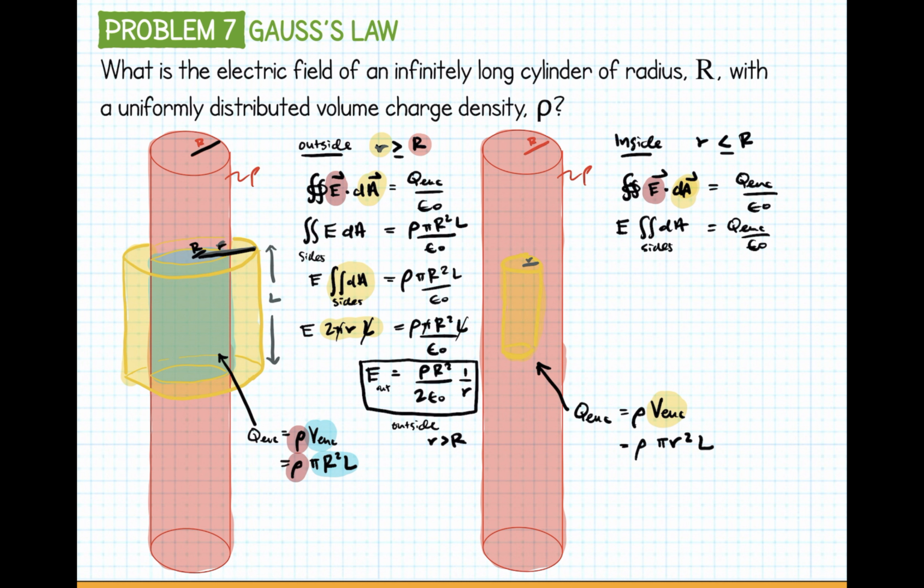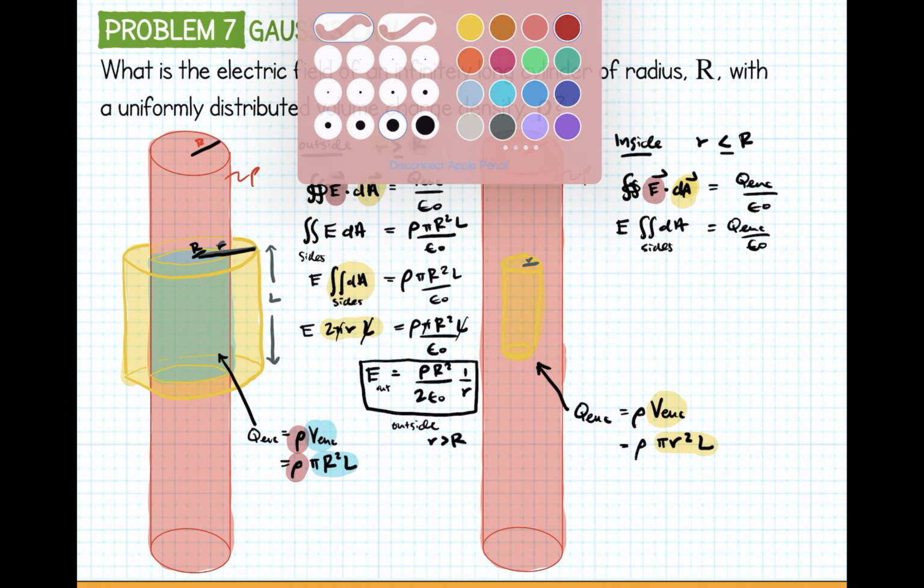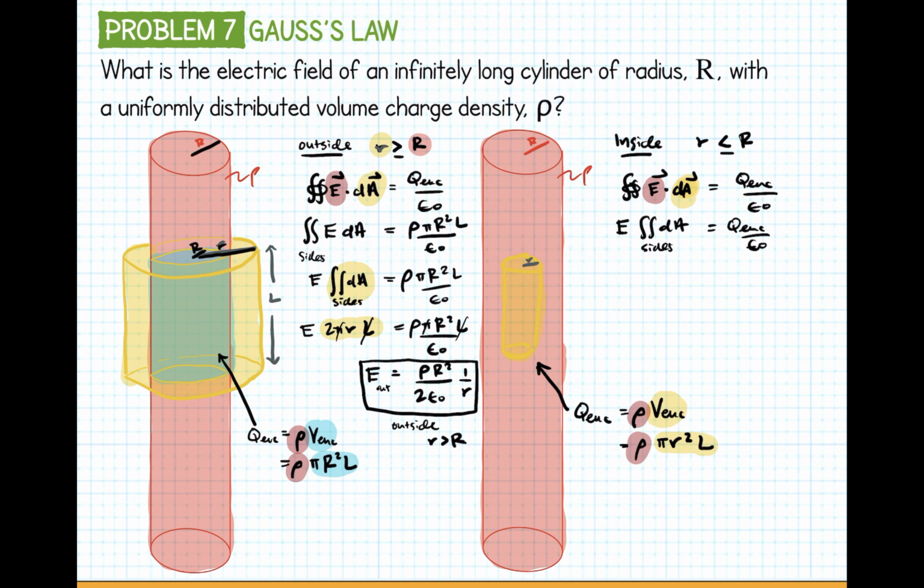Because before we used big R because we enclosed the whole radius and then some empty space, which we didn't want to include because it didn't have any charge in it. In this case, we're just enclosing this and we don't get all the way to the edge, so there's no empty space, okay? And remember, once again, rho is a material property of the original physical object, which is an infinitely long cylinder. Obviously, hard to draw infinitely long cylinders, but we drew a really long one that we could fit on the page, okay?